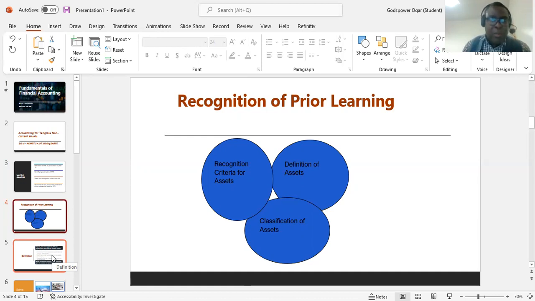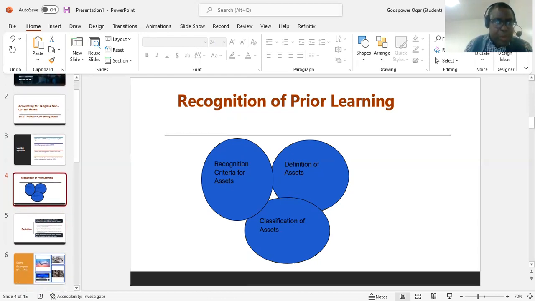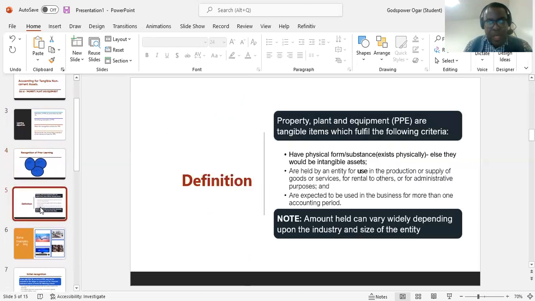Before now, financial statements used to state fixed assets. If you see such textbooks, don't be confused. Fixed assets are currently called non-current assets, and non-current assets are the property, plant, and equipment covered by IAS 16.